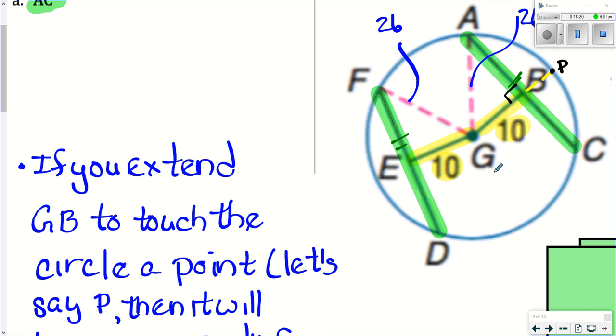The only reason why I extended G all the way to P is to show you that this is a radius that is intersecting with the chord, and going back to the theorem, when you have a chord and a radius intersecting, they create a right angle.